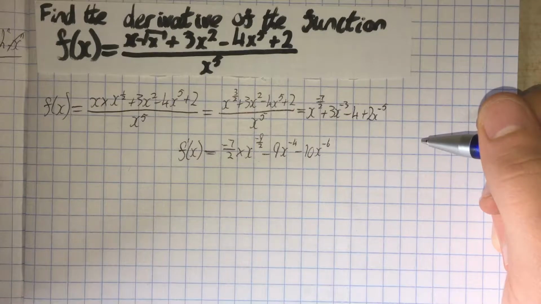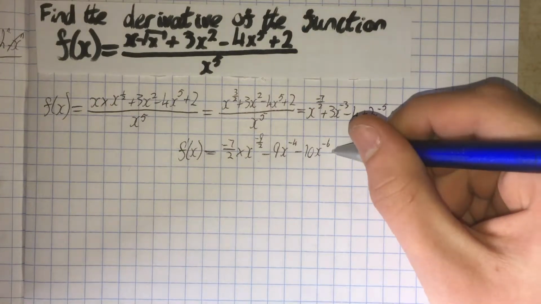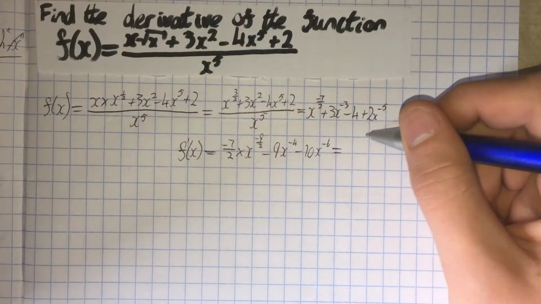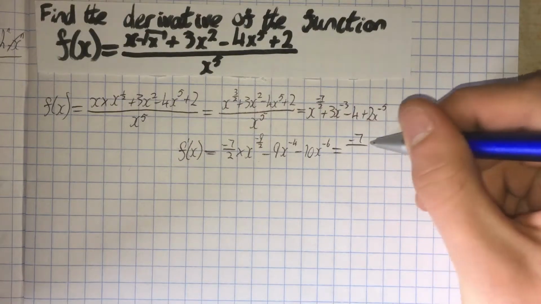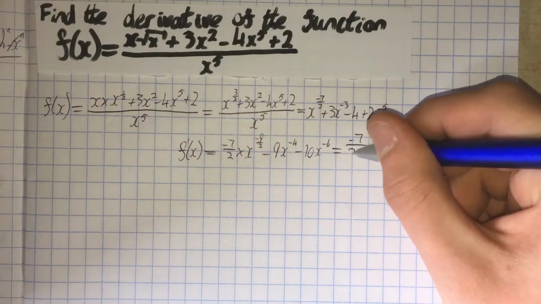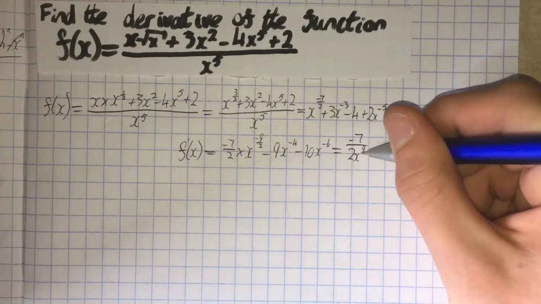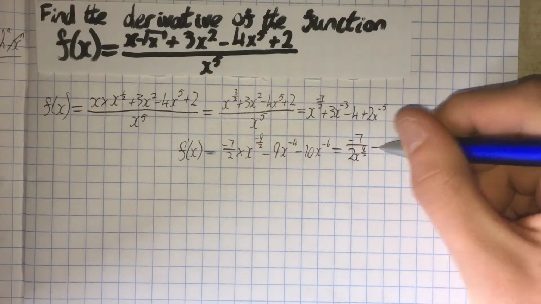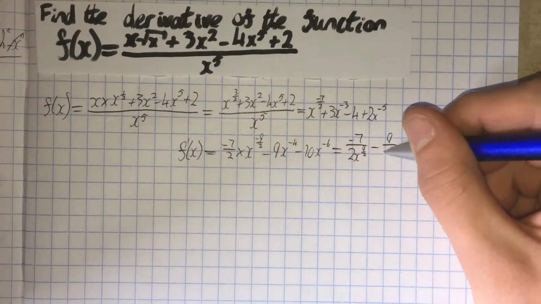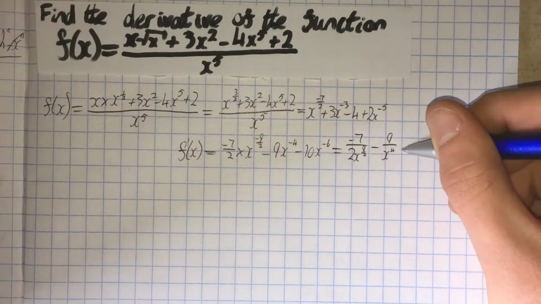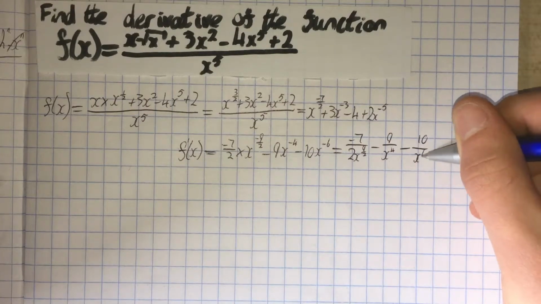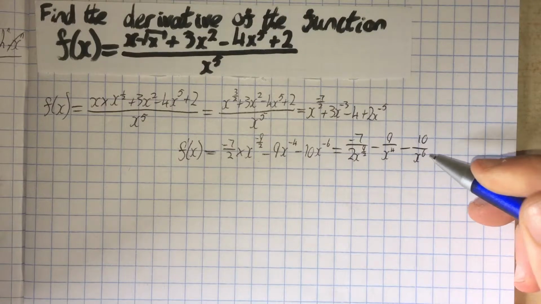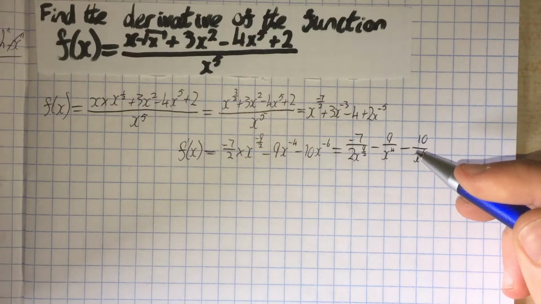That is quite something to work with. So this is going to equal minus 7 over 2x to the 9 over 2 minus 9 over x to the power of 4 and minus 10 over x to the power of 6. Two ways of writing it.